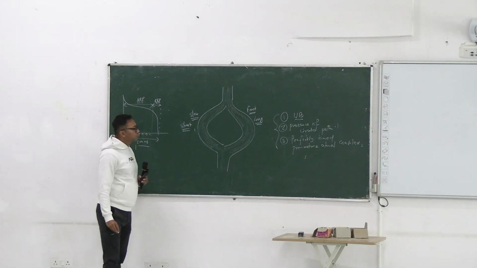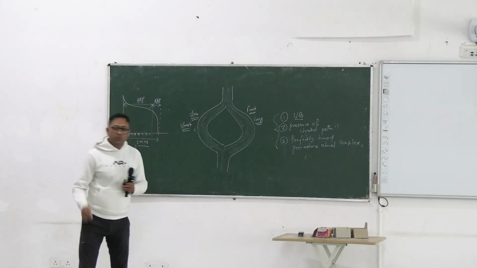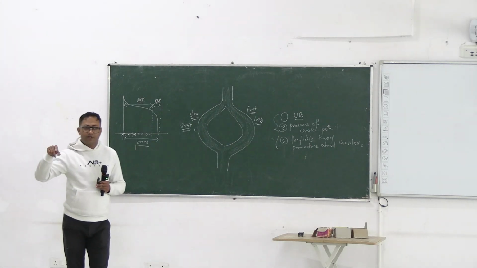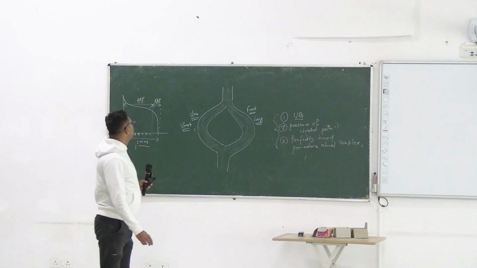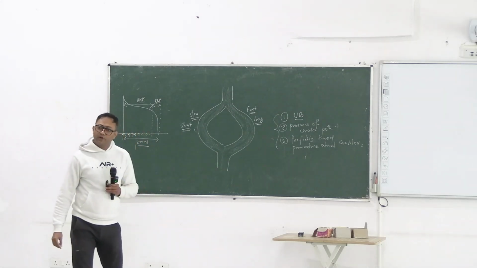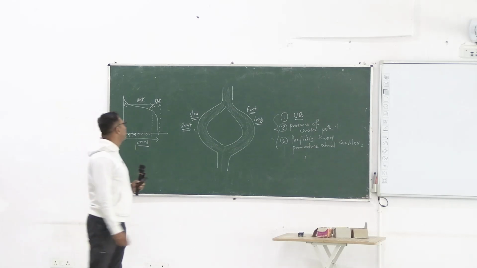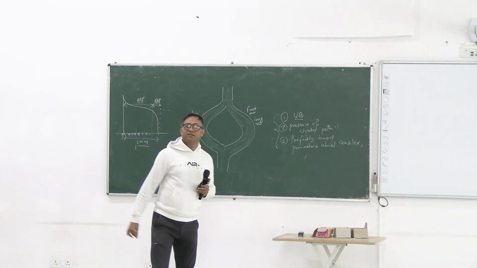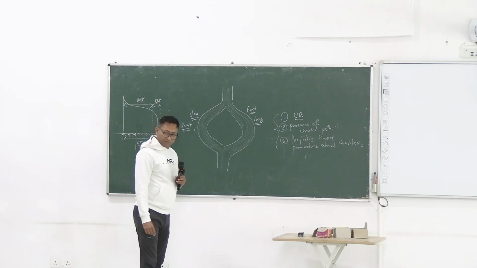Slow pathway has short refractory period, and how to remember? Slow, SS, slow pathway, short refractory period, SS. This is how you may remember, right? And the fast pathway is having long refractory period. इसका refractory period ज़्यादा है. Clear? Okay.